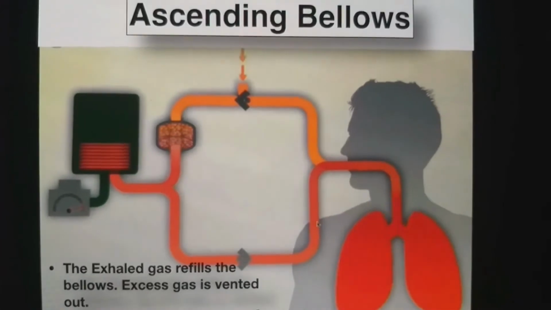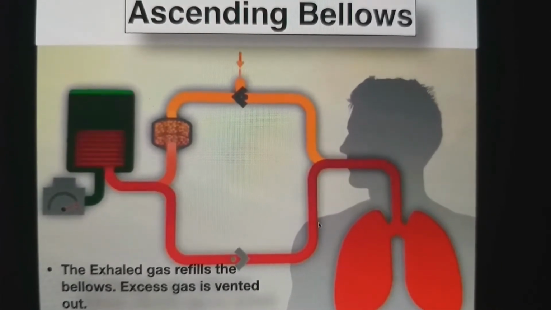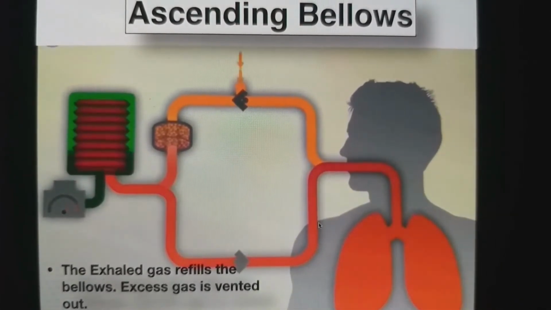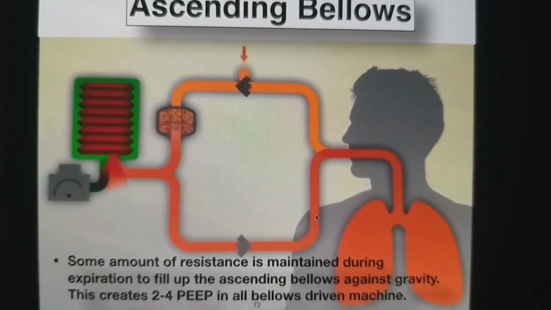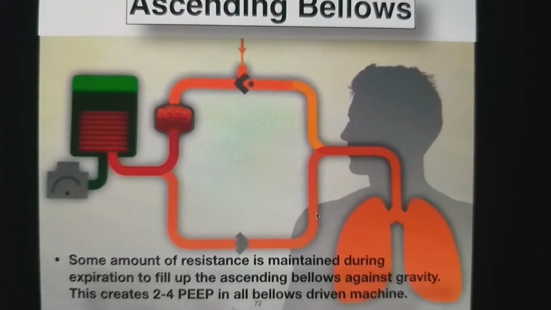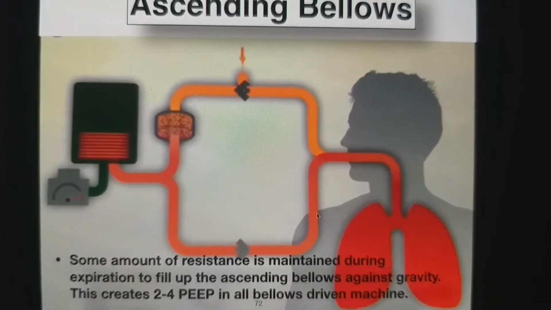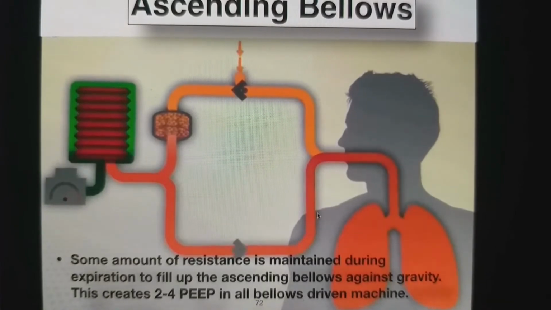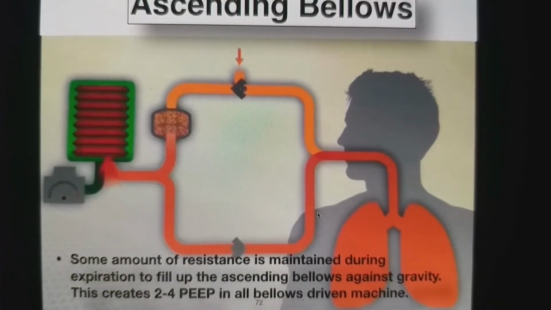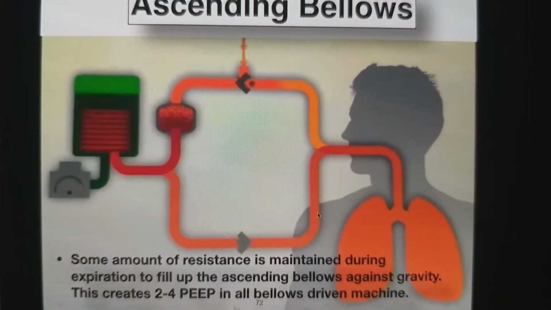Now, during expiration, the expired gases fill up the bellows along with the fresh gas flow. To elevate these bellows against gravity during expiration, you need some amount of resistance. So some resistance is created in the bellows, which will give you some amount of PEEP.